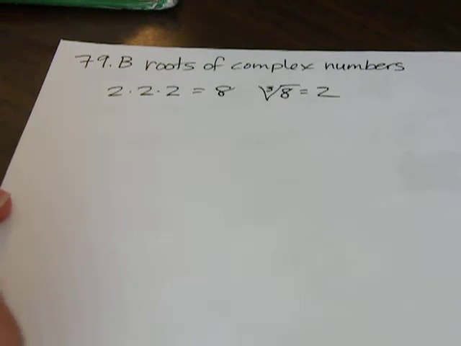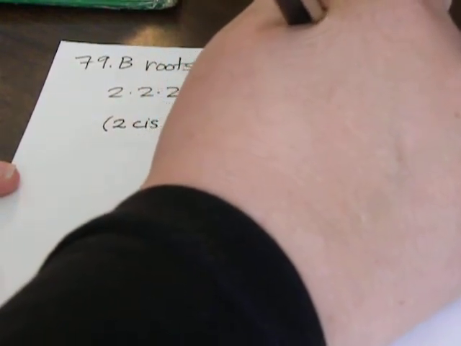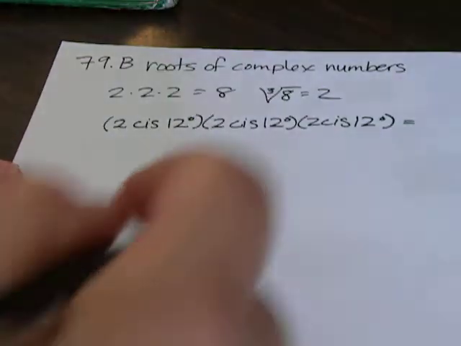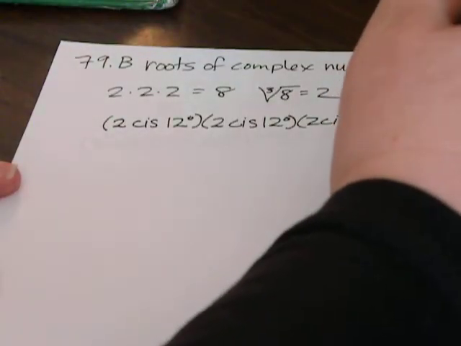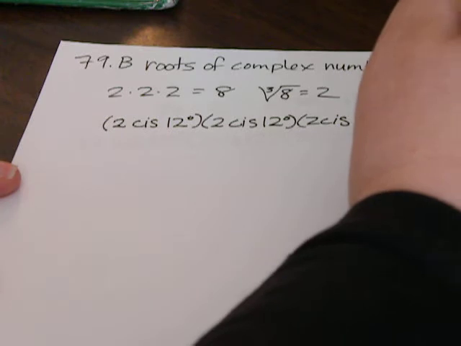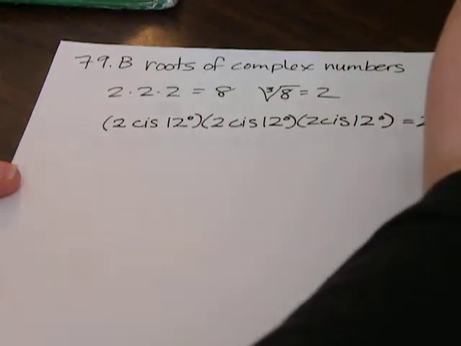So the first thing that we're going to look at is an example. If we have 2 CIS 12 degrees and we cube that, again, remember, then you take 2 and we cube it, and then CIS, and then we take 12 and we multiply that by 3.